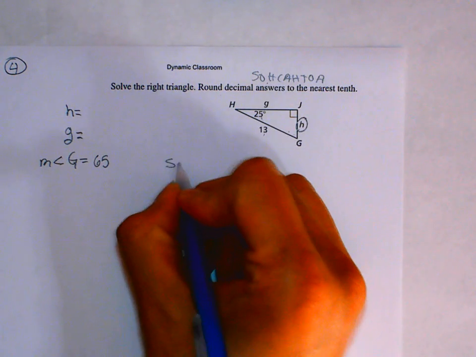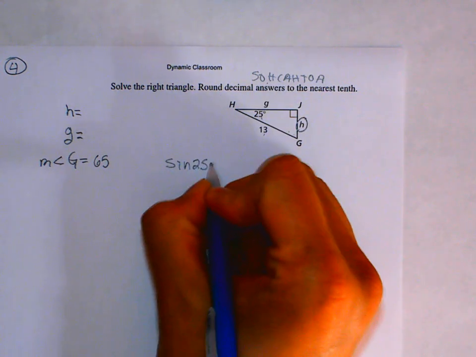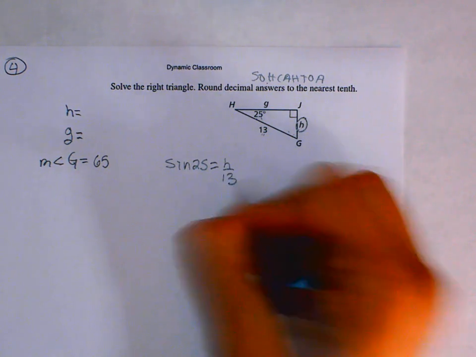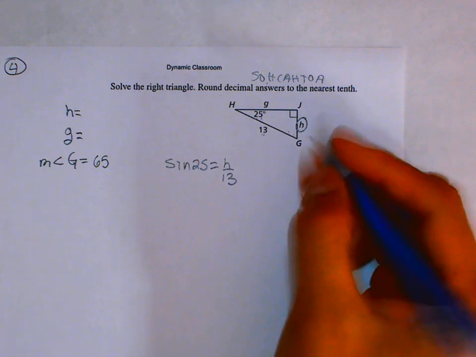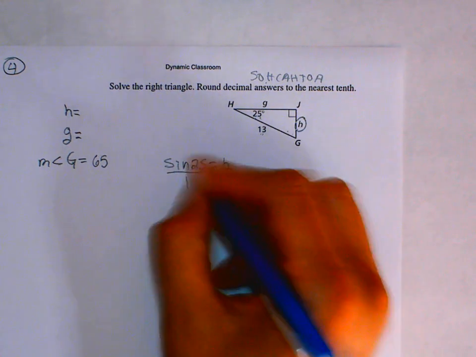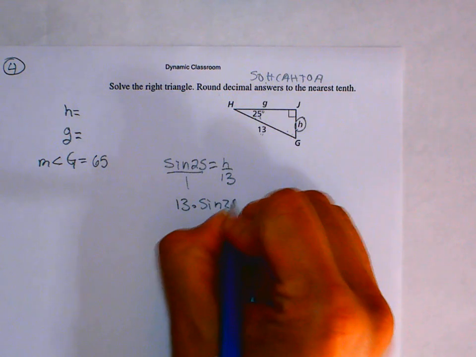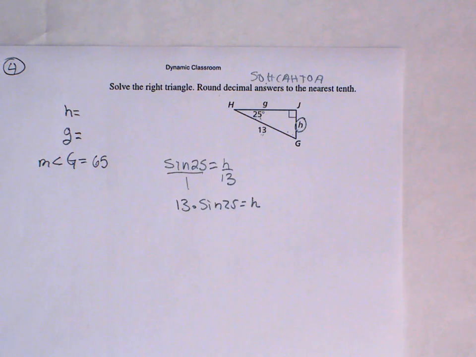Okay, so the sine of 25 is the opposite over the hypotenuse. Now what we're going to do is treat it like a proportion, cross multiply. You're going to get 13 times the sine of 25 equal to h.